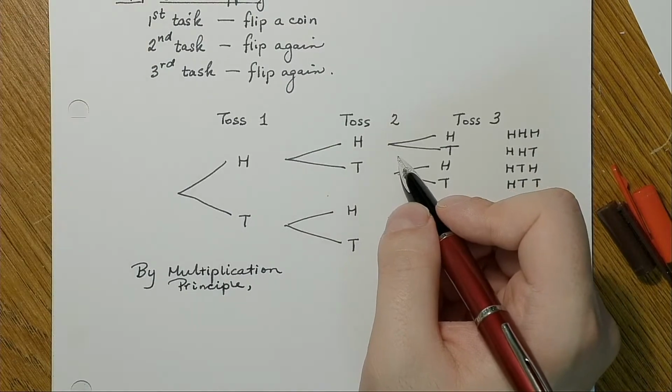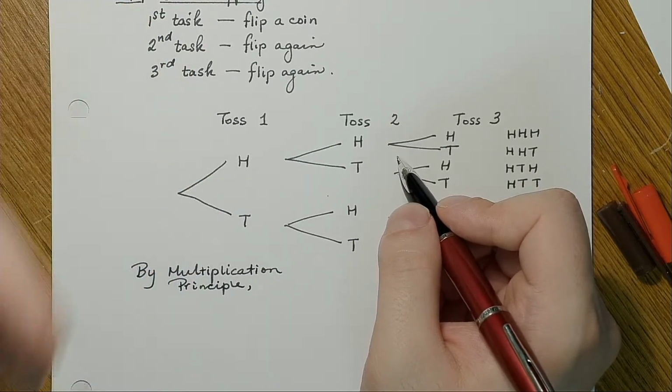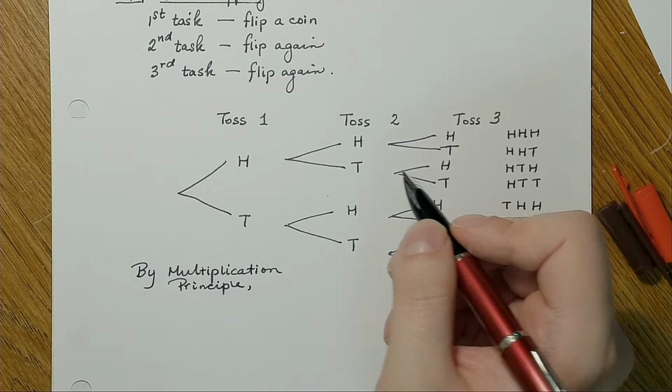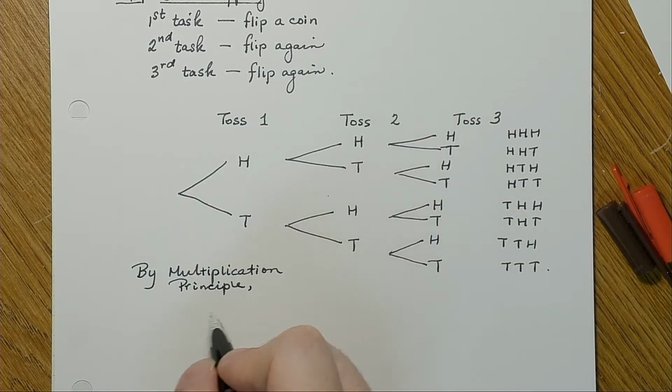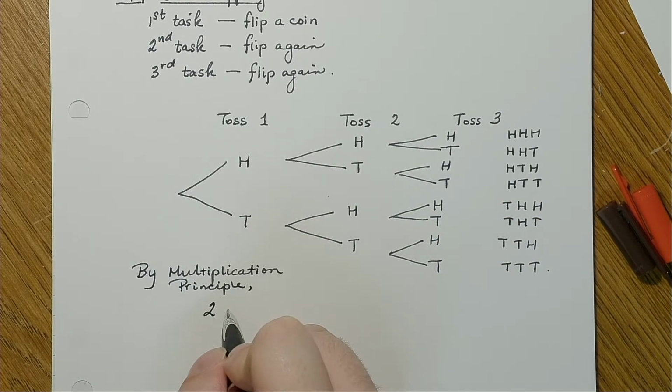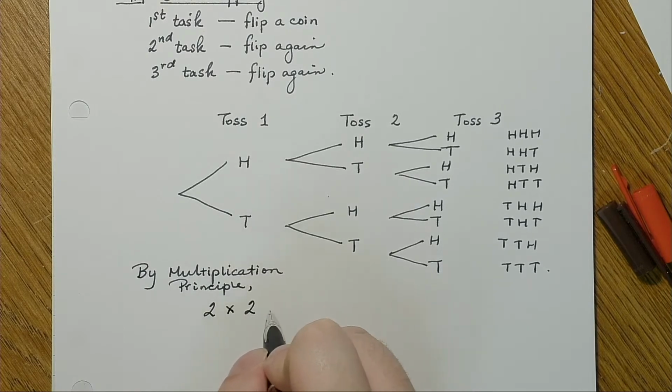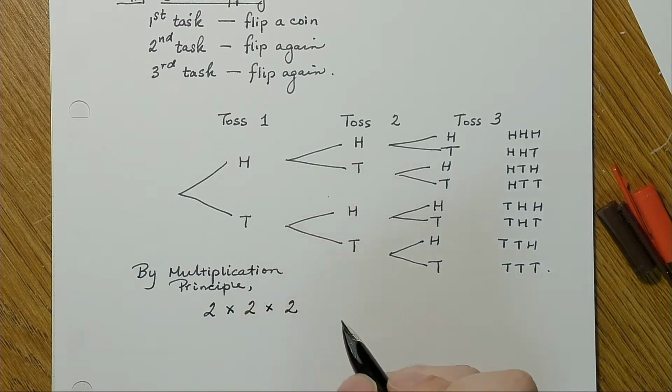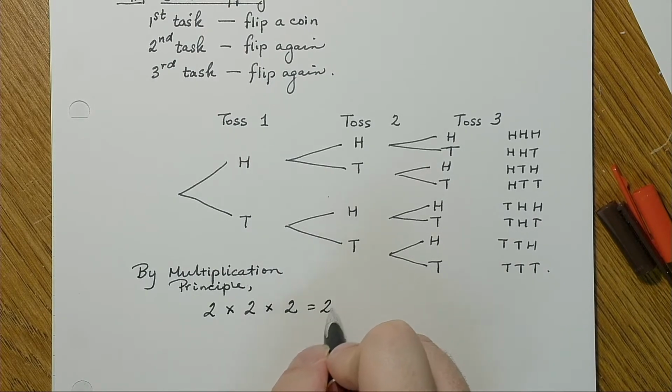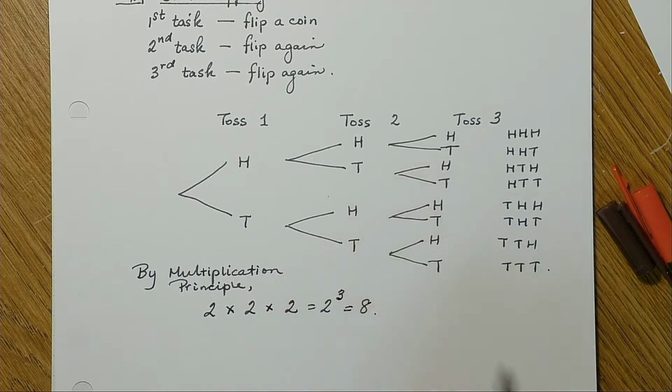This second task is not going to affect the first one or the third one. So by the multiplication principle, it's 2 times for the first outcome, 2 times for the second outcome, and 2 for the third one, which gives us 2 to the 3 or 8. Yes, exactly, 2 cubed.